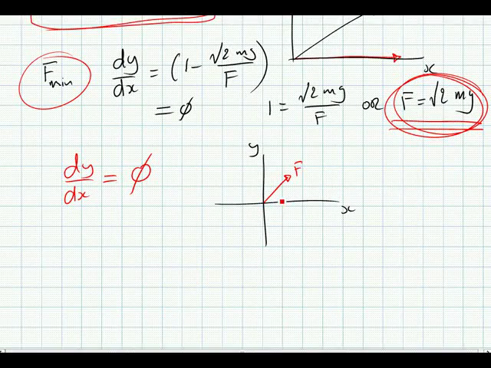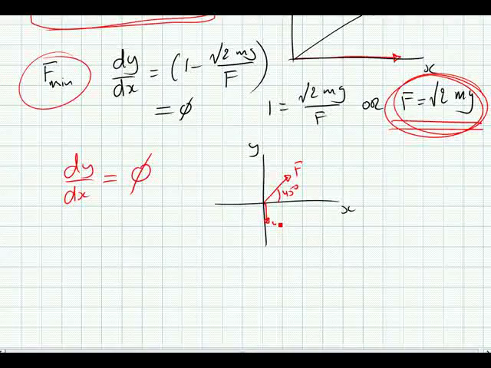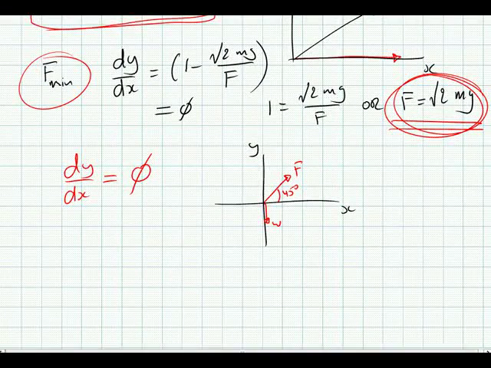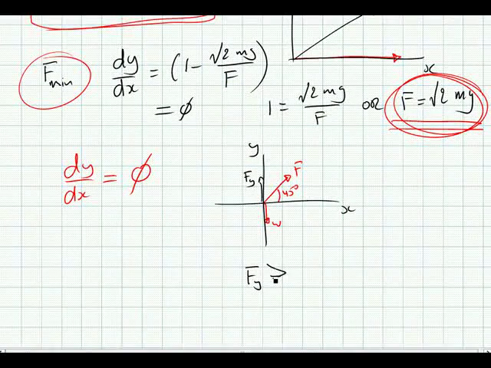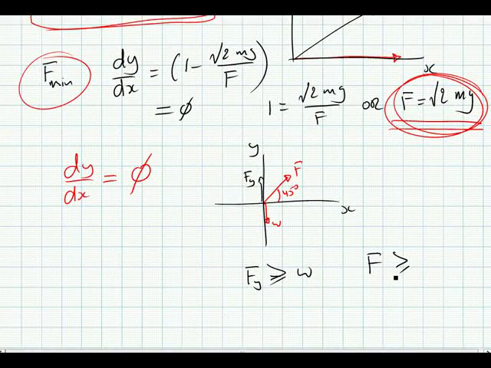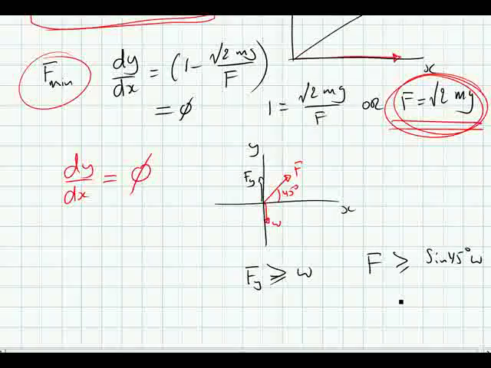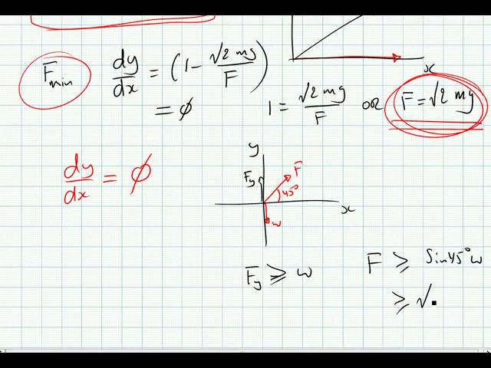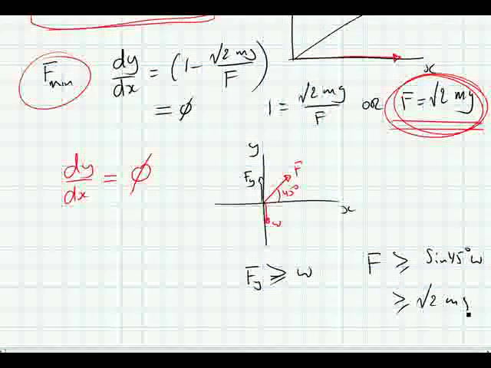We said that the thrust force is at 45 degrees, and we also have W. You could have said that the y component of thrust force, Fy, must be greater than or equal to W, and if you do the same analysis, you'll end up with F being greater than or equal to W over sine of 45 degrees, which is greater than or equal to root 2 mg.